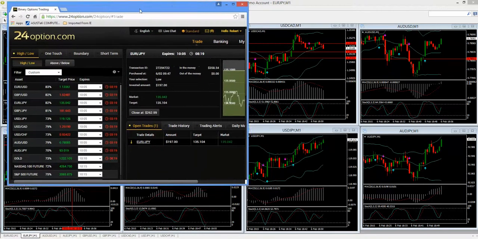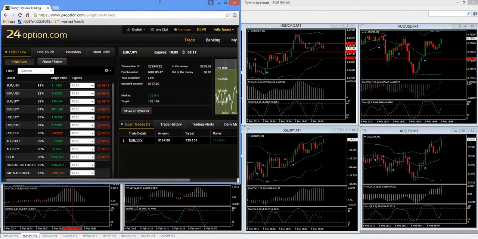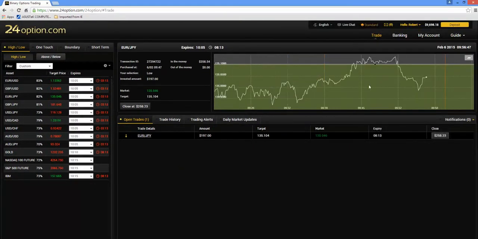Let's have another look at this. Let's talk about that put. So when you buy a put, it means you're going short. It means you expect this market to move down, the Euro Yen. So there's time value in here. You have about 15 minutes on this, and there's some money value.